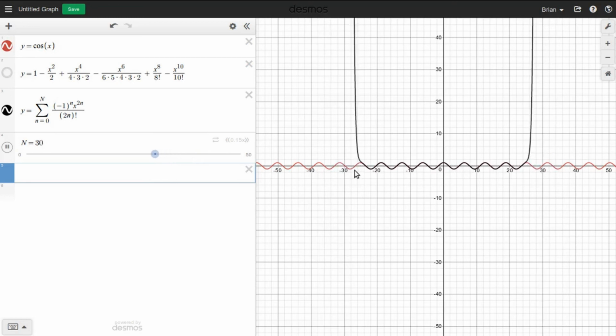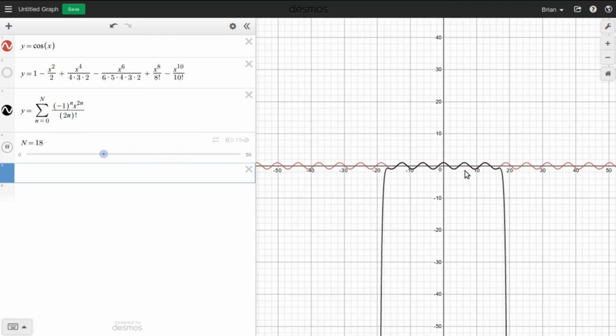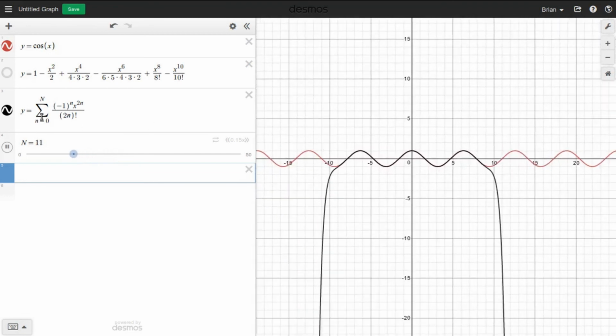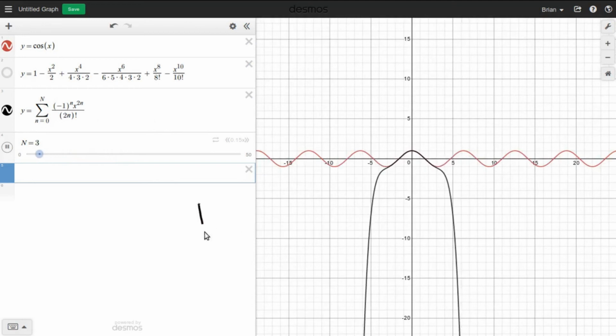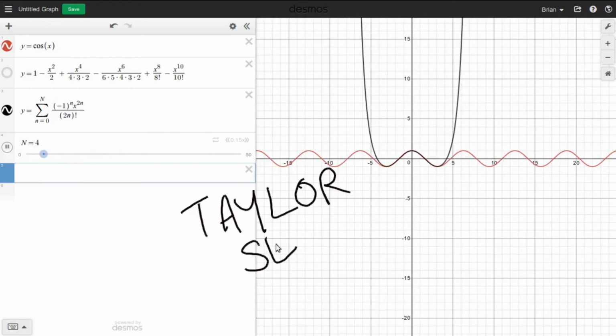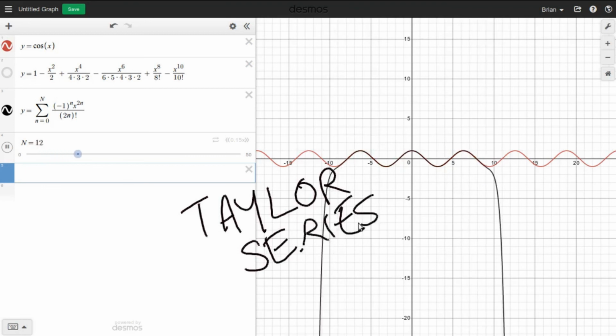And look, when it fails really badly, but when it converges really well. This is a property of this tool that we're using, this series, which is called Taylor series. We'll explain why they work in the next video.